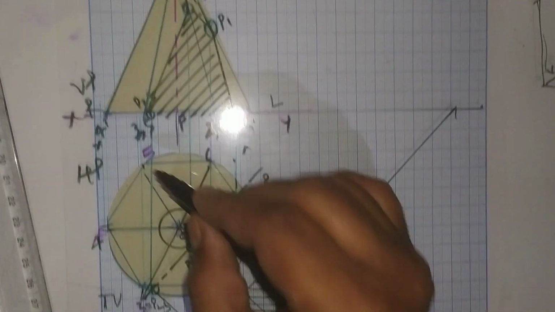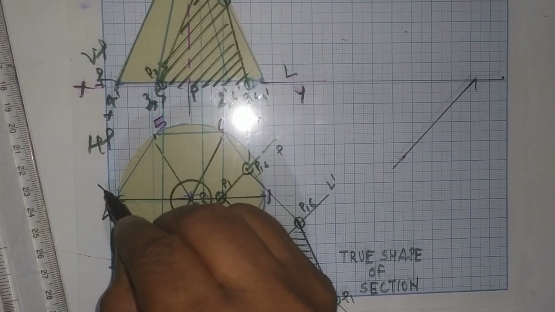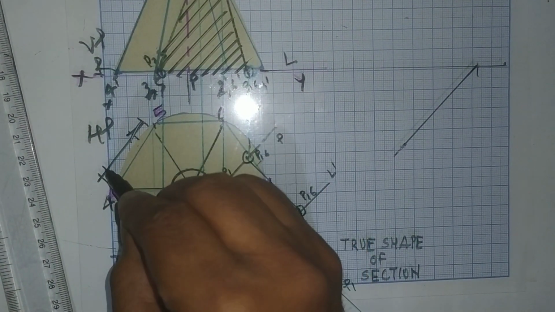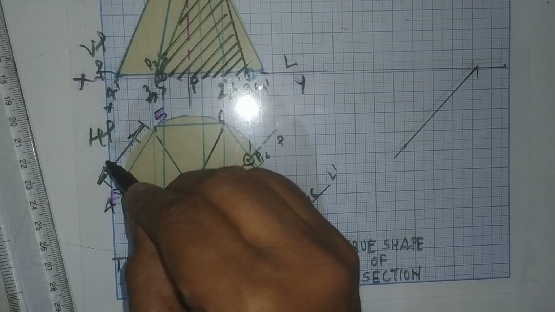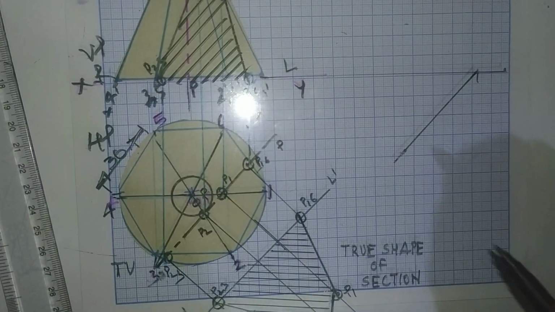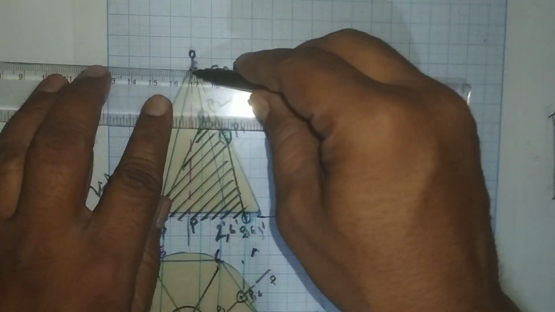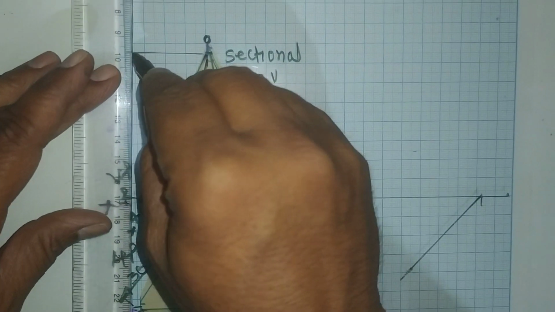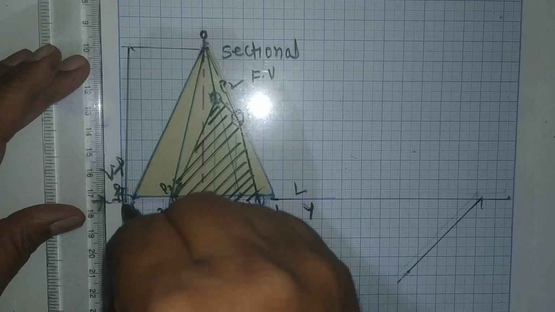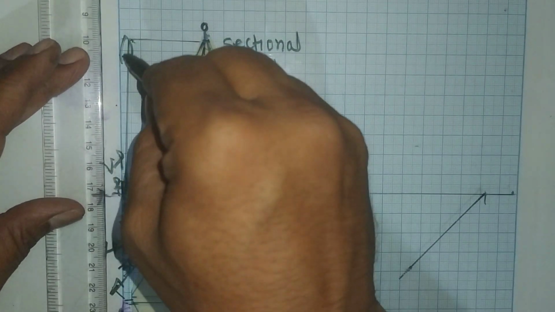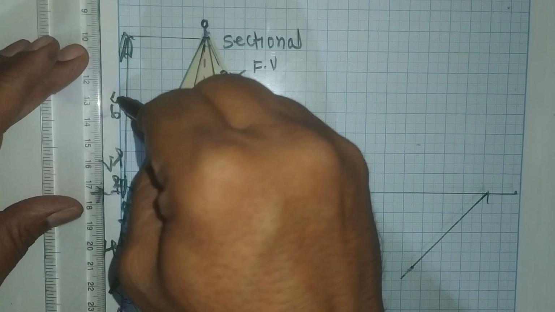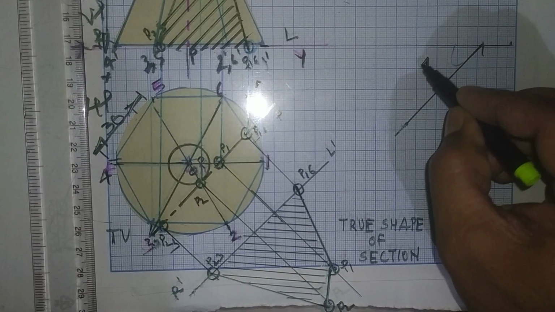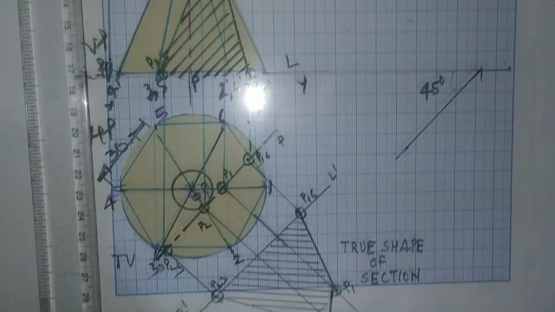Give the dimensions: what is the length, that is 30 mm, and what is the height, 65 mm. This angle is 45 degrees to VP. Okay, thank you.